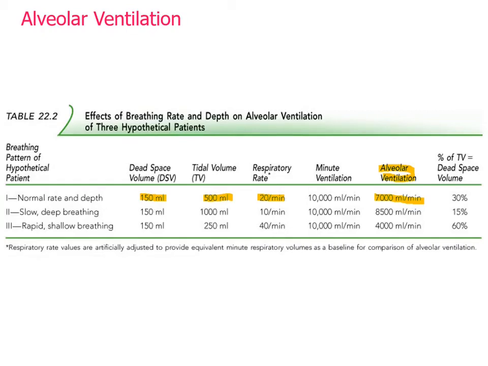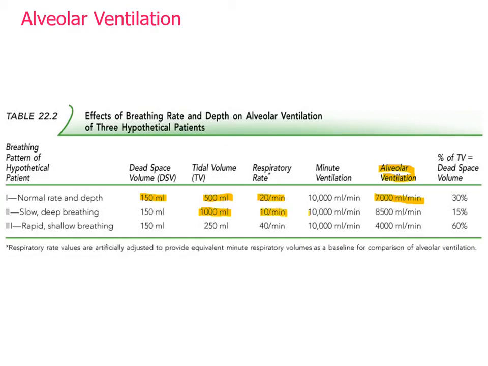Now, it's important to understand how dead space plays an important role in overall alveolar ventilation at different rates of breathing. If a person slows down their breathing and breathes slower but deeper, so that their tidal volume is doubled here, you see, 1,000 mLs from the normal tidal volume at rest, they breathe deeper and slower, so they double their tidal volume and they halve their respiratory rate.